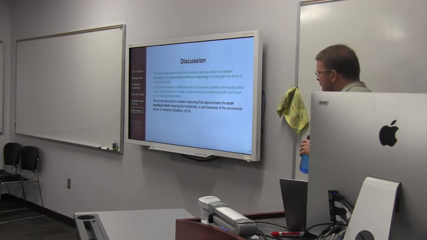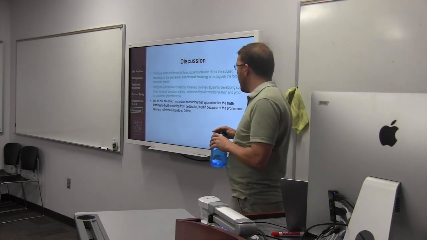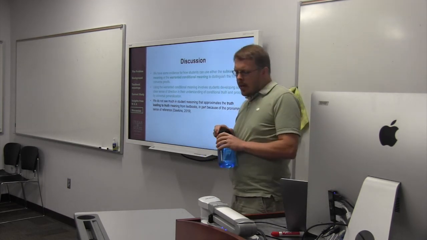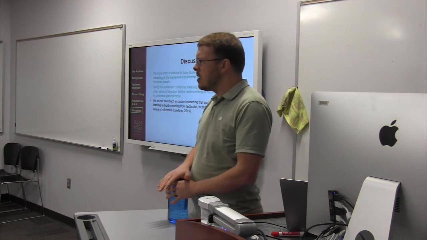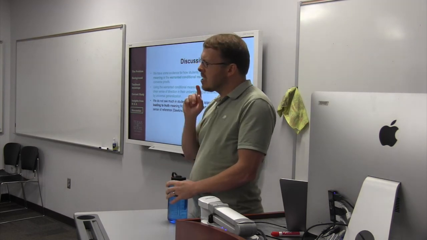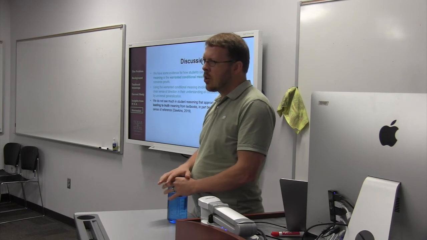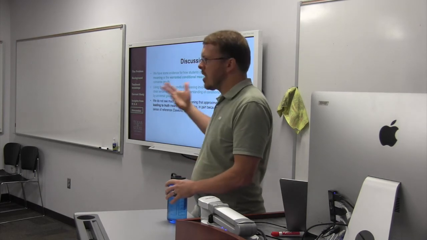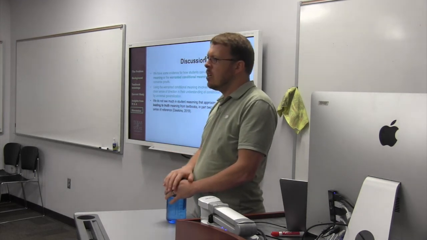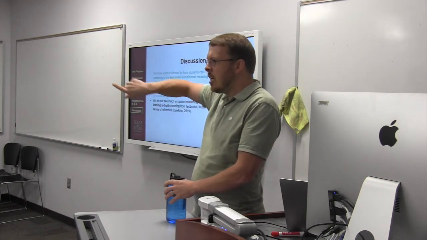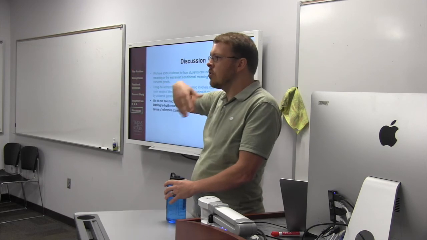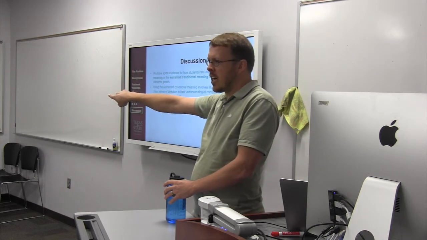In a recent paper, I discussed this idea I call the pronominal sense of reference. And it's basically this. When I talk about rectangleness, students think that means I'm pointing at rectangles. So a pronoun, the pronominal means like a pronoun. So when I say he, that points to a person, right? In the same way, when you say rectangle, students assume that points to a rectangle.